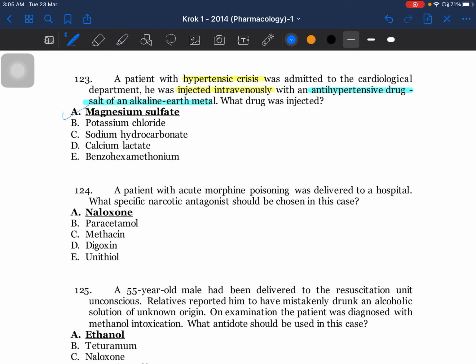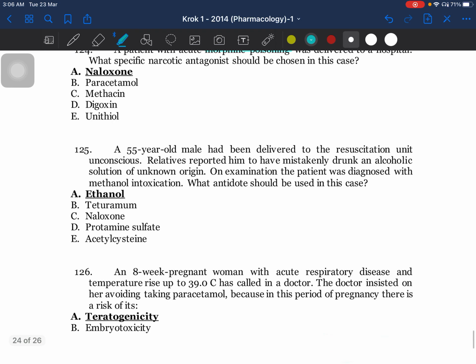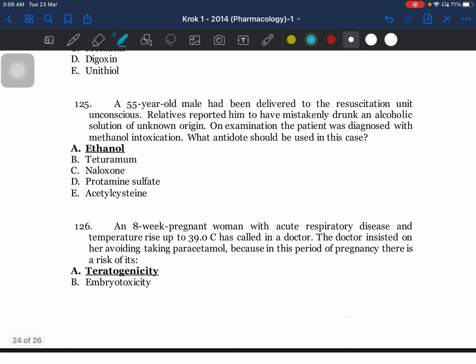It is magnesium sulfate. This question is also a direct question. And for question number 124, I told you earlier that the antidote for morphine is naloxone. Okay, and the antidote for methanol is ethanol.